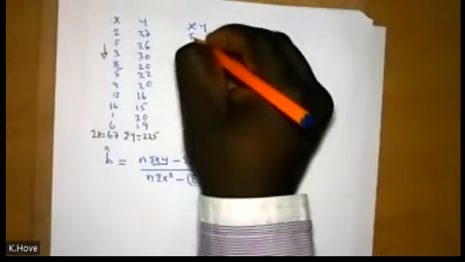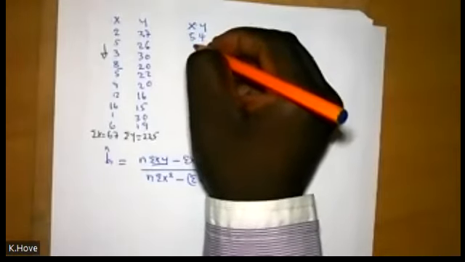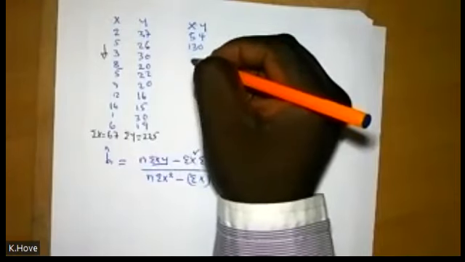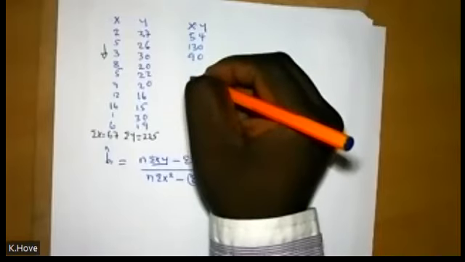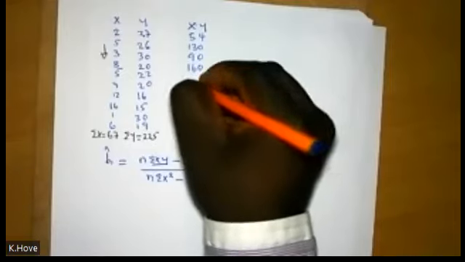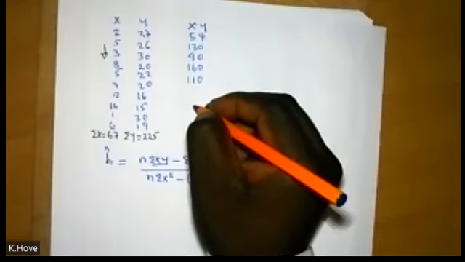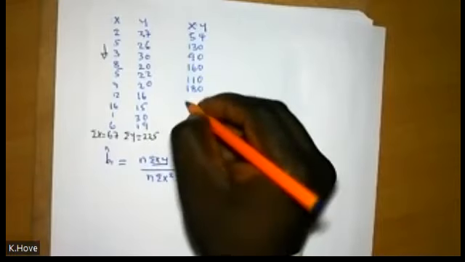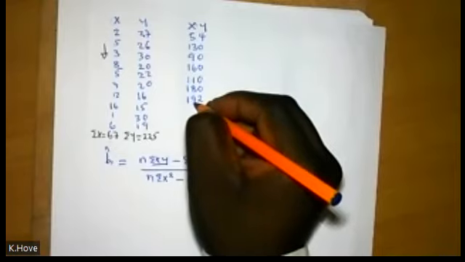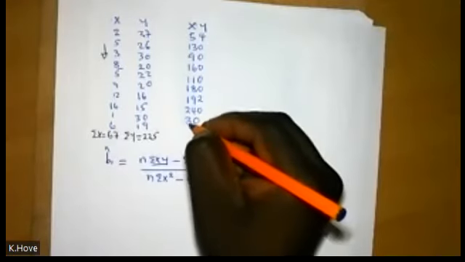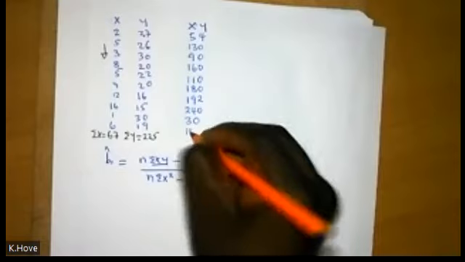So you are multiplying this times this: 2 times 27, I think you get 54. 5 times 26, you get 130. 3 times 30, you get 90. 8 times 20, you get 160. 5 times 22, you get 110. 9 times 20, you get 180. 12 times 16, you get 192. 15 times 16, you get 240. 1 times 30, you get 30. And the final one, 6 times 19, you get 114.